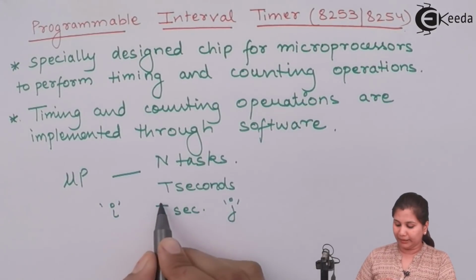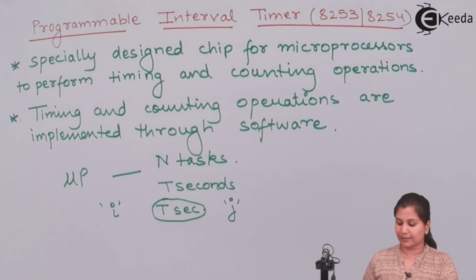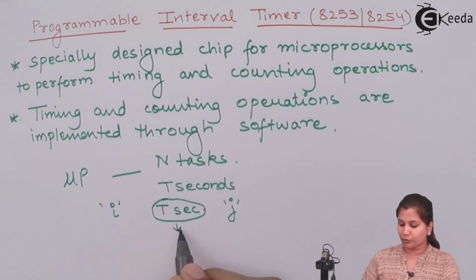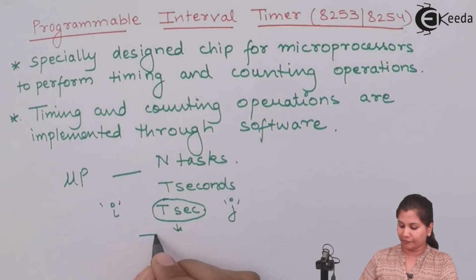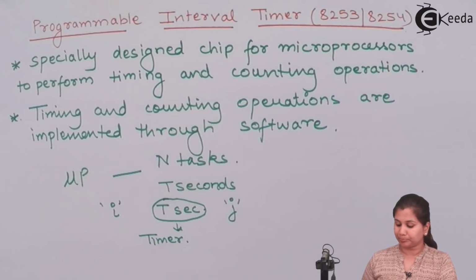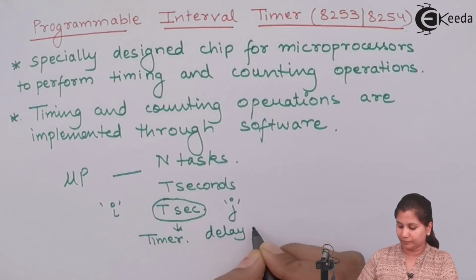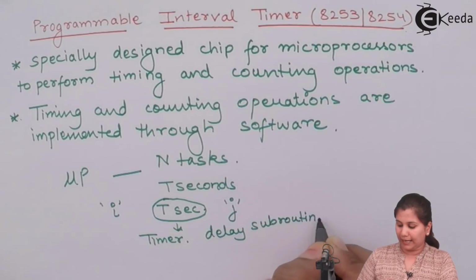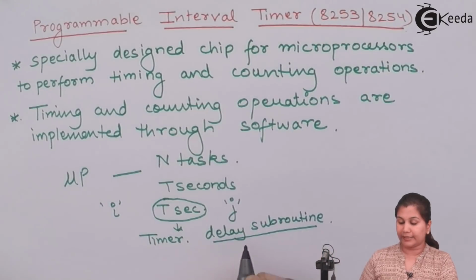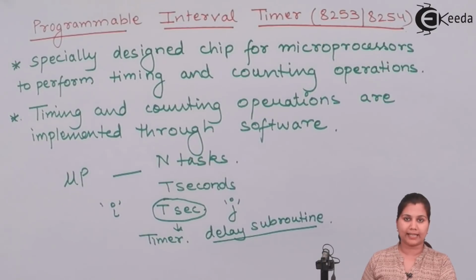Now if we want this time delay of t seconds through the microprocessor, then the software solution is that we will write a delay subroutine. This time delay subroutine provides the time delay of t seconds.